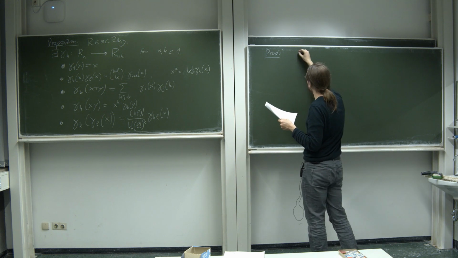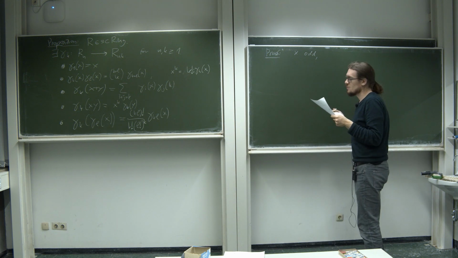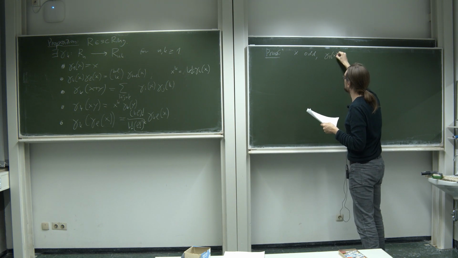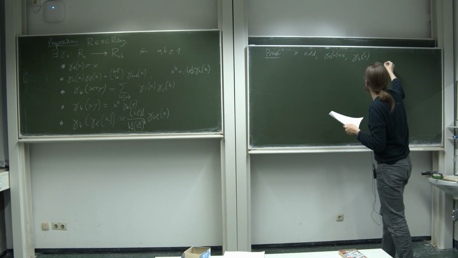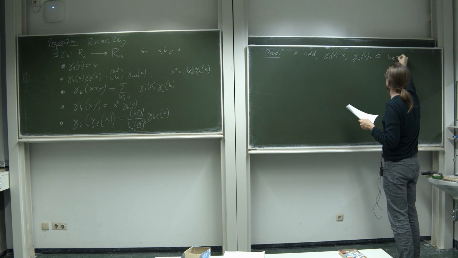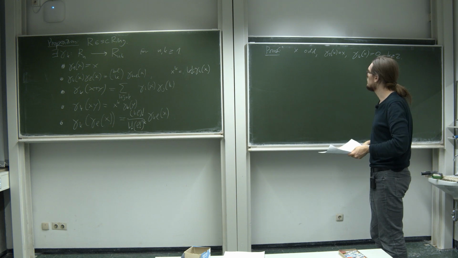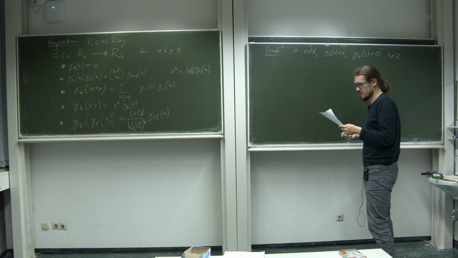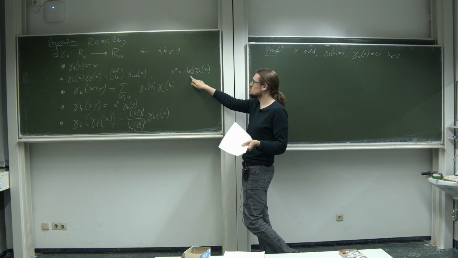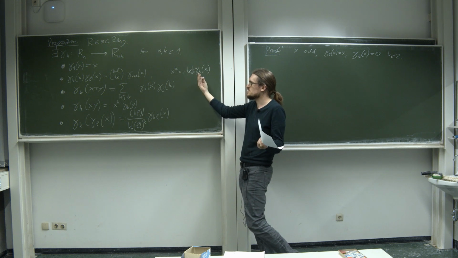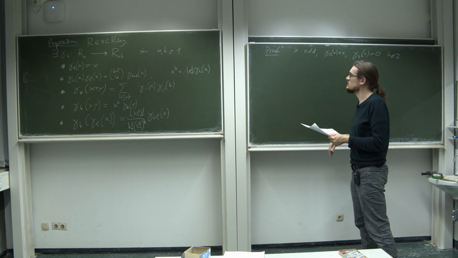Well, first of all, if x is odd, then we can define gamma 1 of x to be x and gamma k of x to be 0 for k bigger or equal to 2. And it turns out that does what we want because of the strictness property, right? For example, you need that x squared is 2 times gamma 2 of x, but since we have this strictness property, x squared for an odd x is already 0, so that's fine.